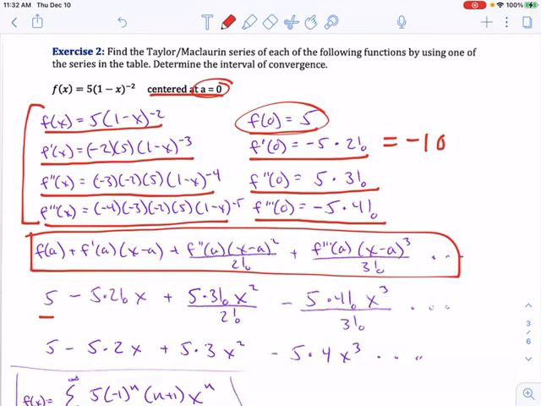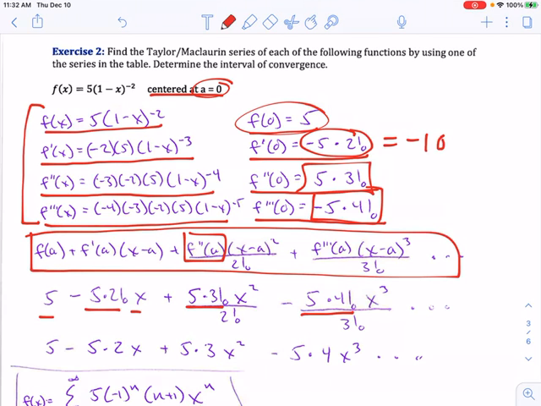The second term is f prime of a, which is negative 5 times 2 factorial times x minus 0, which is just x. The third term is f double prime of a, which is 5 times 3 factorial times x squared over 2 factorial. And then we have minus 5 times 4 factorial times x cubed over 3 factorial.